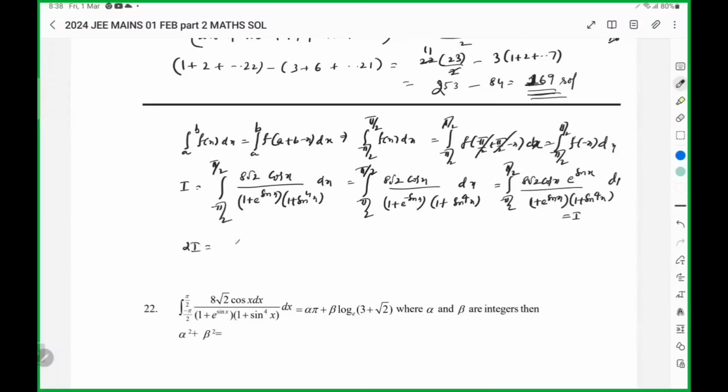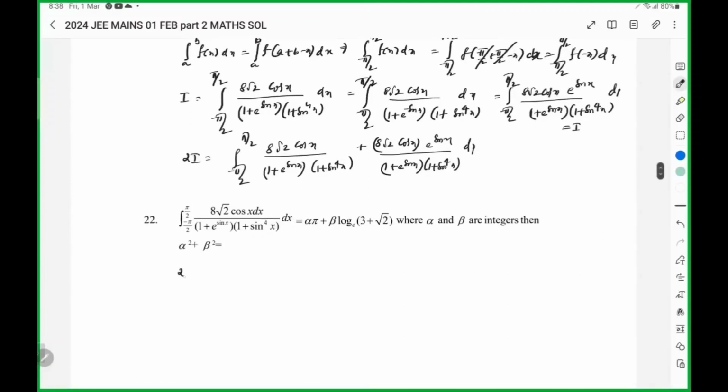2I will be minus pi by 2 to pi by 2, 8 root 2 cos x plus 8 root 2 cos x into e power sin x, by 1 plus sin power 4x dx.